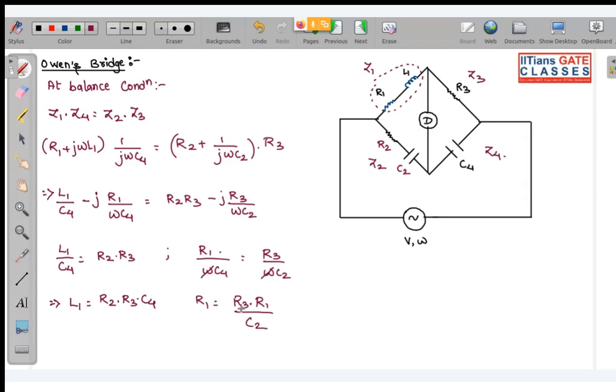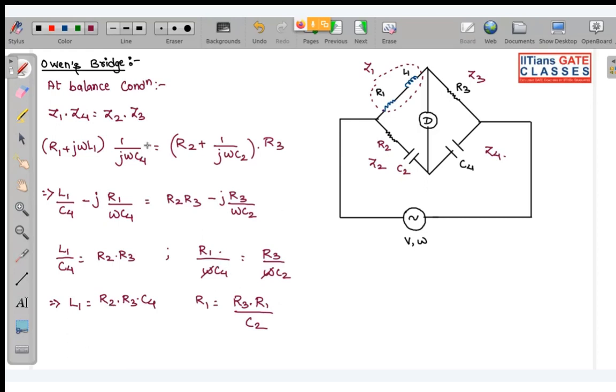So what are the uncommon variables over here? You can see in L1 we have C4. Or we can even write over here, uncommon is R1. Sir, for our second equation, it should be R1 equals R3 into C4, right?